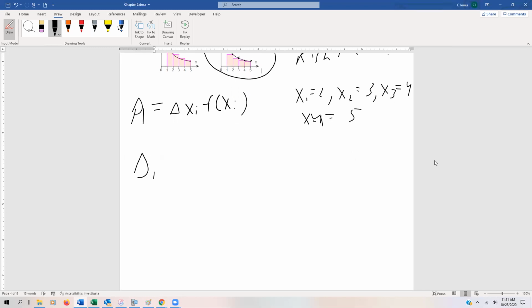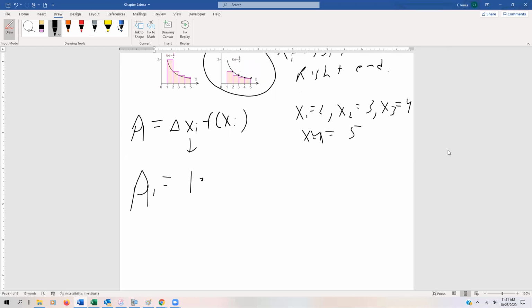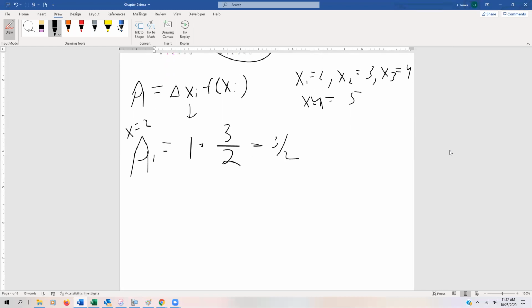So A1 is going to be equal to base times height. Now we know that delta x sub i is 1. In other words, the base is going to be the same for each of those. And then we're going to get 3 over the first x. And the first x is when x is equal to 2. And we already know that that's 3/2. For area 2, that's going to be 1 times 3/3.